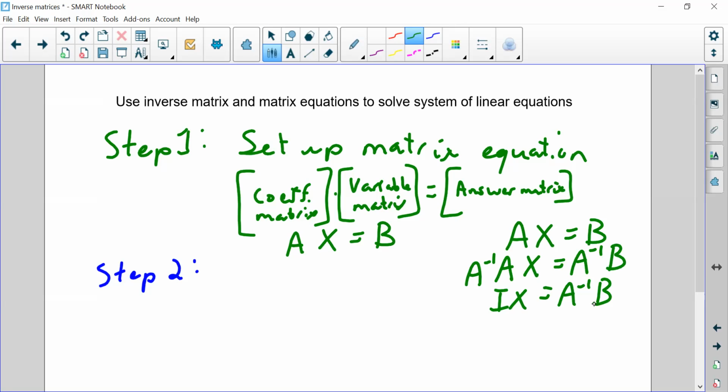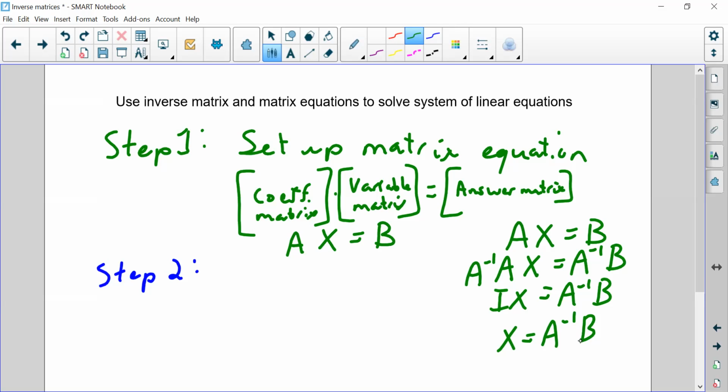And the identity matrix times anything, that's the reason it's called identity, gives the same matrix. So that will give me my X. I would solve for X. That will give me my answer to my equation. We're trying to solve for X, and we solve for X by multiplying each side by the inverse of our coefficient matrix.